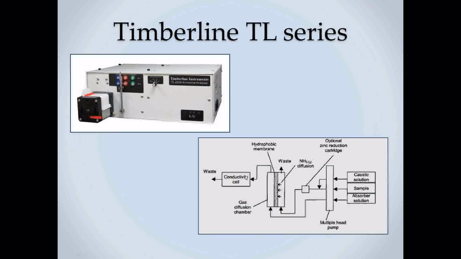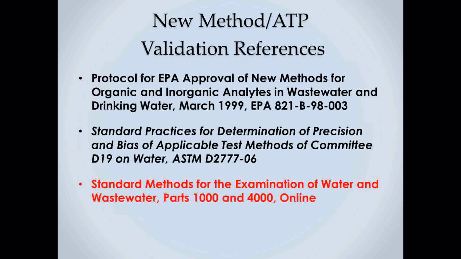Okay, what did we use for this ATP? First off, number one, the protocol for EPA approval of new methods for organic and inorganic analytes in wastewater and drinking water. We followed that EPA guidance to the letter. The next one down, we also utilized the Youden pair test from the standard practices for the determination of precision and bias of applicable test methods of the Committee D19 on water.